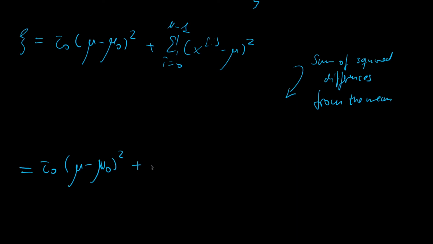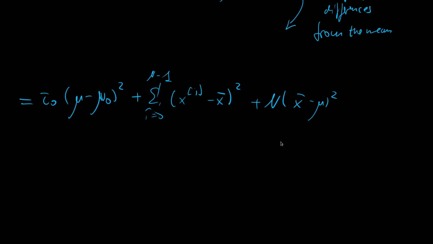Then we get plus the summation from i=0 to capital N minus 1 over (xi minus x bar) in brackets squared plus n times (x bar minus mu) in brackets squared. And the x bar we have here is just the empirical mean, 1 over n times the summation from i=0 to capital N minus 1 over the xi, and if you've seen this before, this is nothing else than the maximum likelihood estimate for our mu.